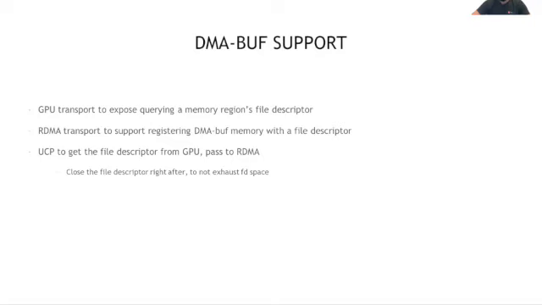And we're also going to extend the UCT memreg function to pass an optional input file descriptor. If it's specified, it would mean that it's a DMA-BUF registration that should be done by calling the ibv_reg_dmabuf_mr API in rdma-core. And the UCP layer is responsible for getting the file descriptor from the GPU transport and passing it to RDMA. And we want to close it as soon as possible to avoid exhausting the file descriptor space, which is quite limited.